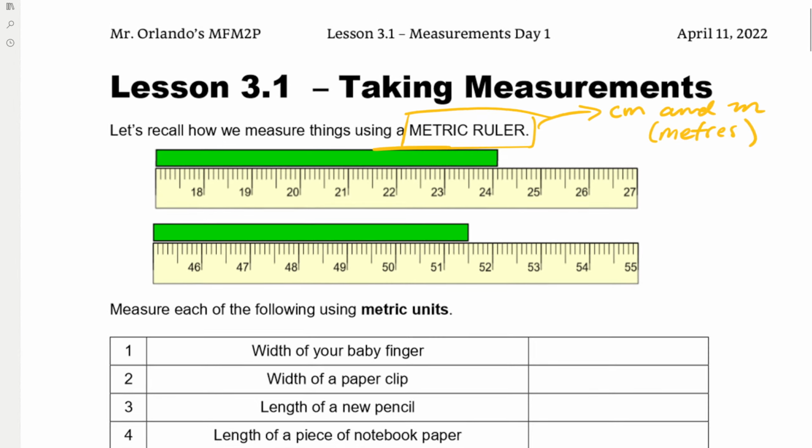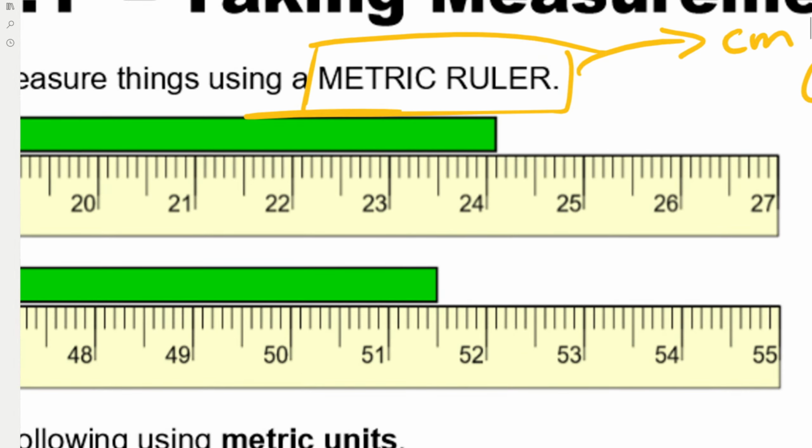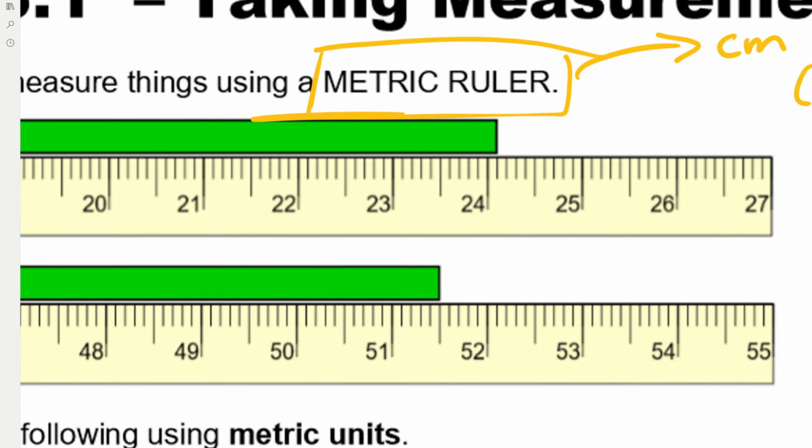They are all decimal, which means that you will read to the nearest whole number, and then each tick after that whole number is just a decimal. First tick after would be 0.1, second tick after 0.2, and so on and so forth. So here the nearest whole number is 24, but it's not spot on 24, we're one tick past that, so it would be 24.1 centimeters.